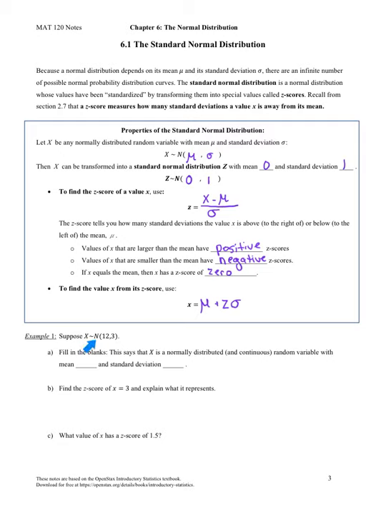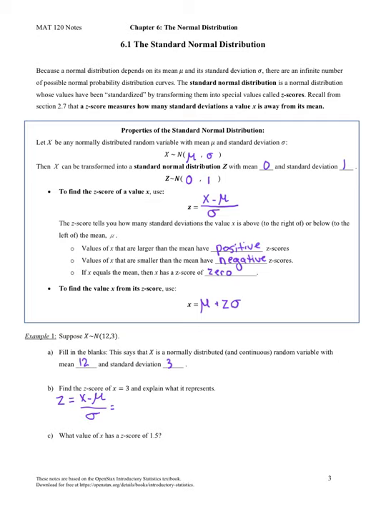Suppose we have a normal distribution with a mean of 12 and a standard deviation of 3. In part B, we are asked to find the z-score of x equals 3 and explain what it represents. So let's go ahead and do this. Let's remember our formula, which is this.